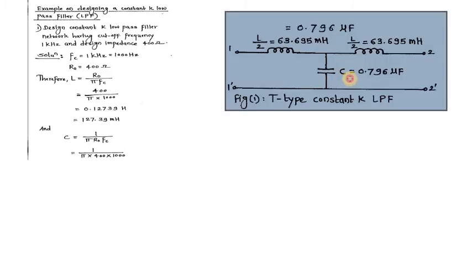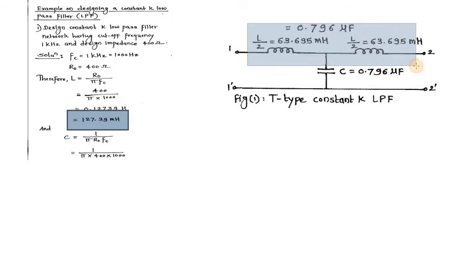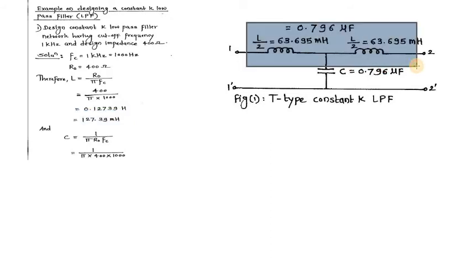So the value of the capacitor will be equal to the value that you have found out, that is capacitance value C equal to 0.796 microfarad, and the total series arm inductance is found to be 127.39 millihenry, but the series arm impedance is to be a series combination of two inductors.